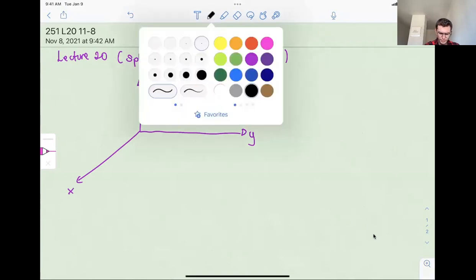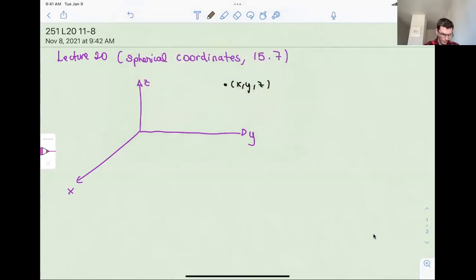If you see a point x, y, z, one of the variables is called rho. This is the distance from the point to the origin.